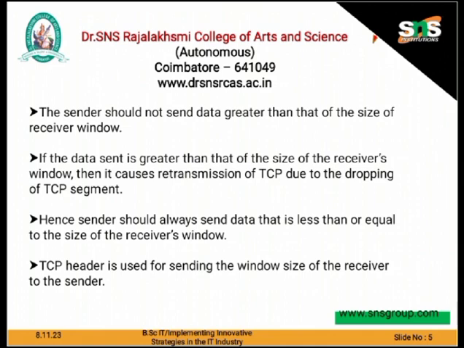Every TCP protocol includes a header, and inside the header the receiver's capacity is mentioned, that is, the receiver's storage capacity or window size. Based on that window size, the sender can decide whether a particular node is suitable to send a packet or not. Based on these conditions, the sender will send the packet to the appropriate node, or it will retransmit to another node.